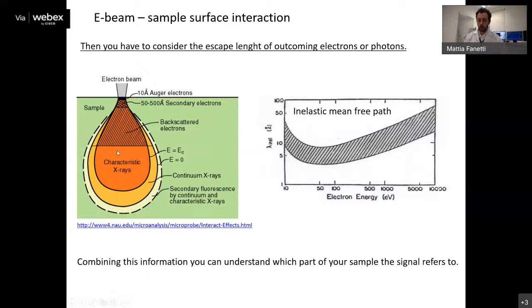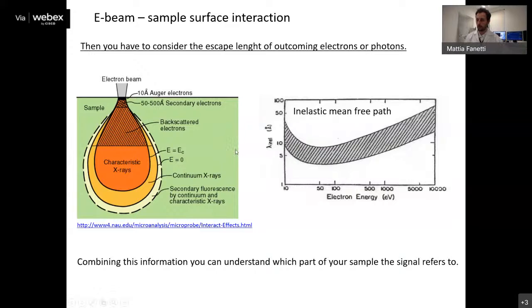But so in all the interaction volume, you generate the secondary electrons. But only the secondary electrons which are generated very close to the surface can escape and reach the detector. The secondary electrons which are generated here, they are there, but they will not reach the detector, so they are not visible.